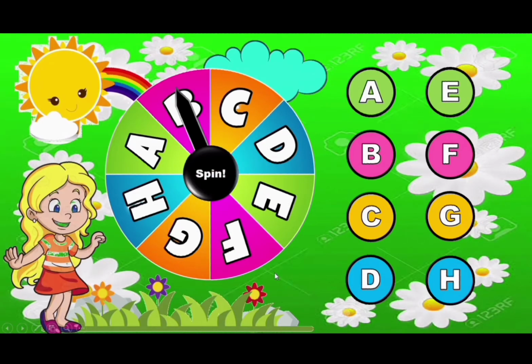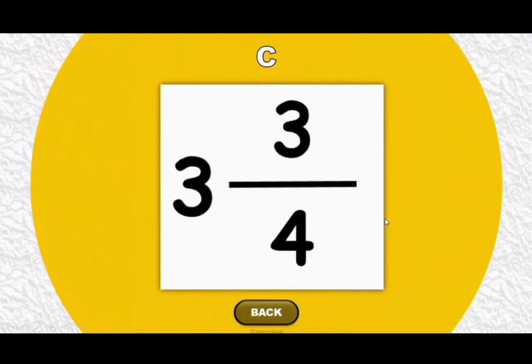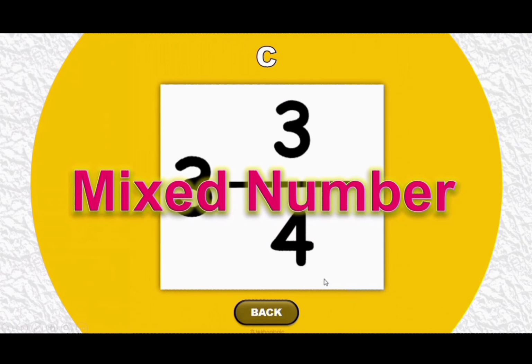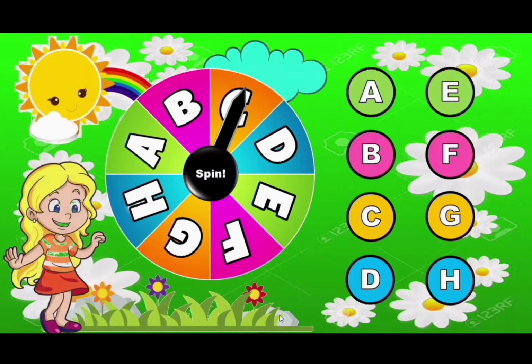Let us spin the wheel again. Letter C. The fraction in letter C is 3 3/4. Now, what do we call this kind of fraction? That's right. It is mixed numbers. So now let's spin the wheel again.